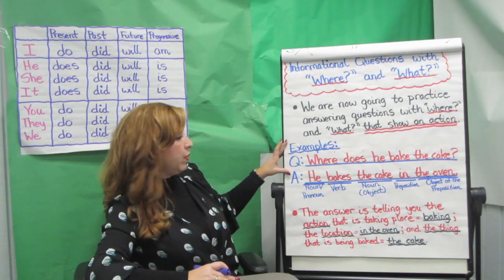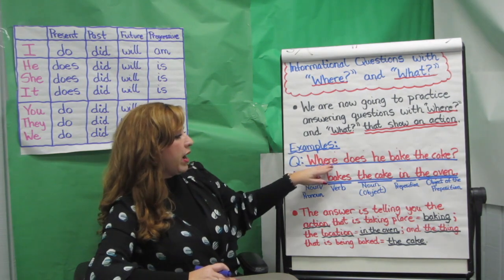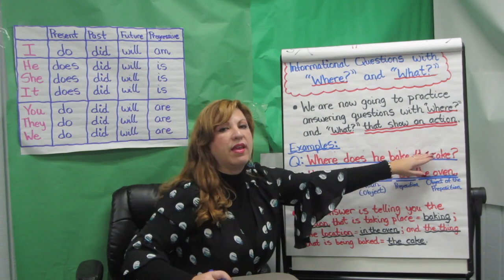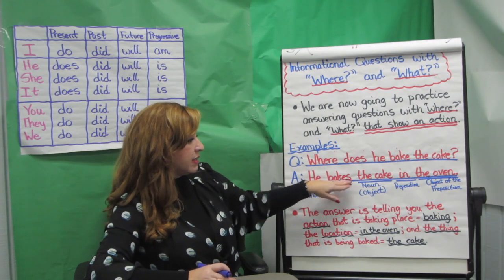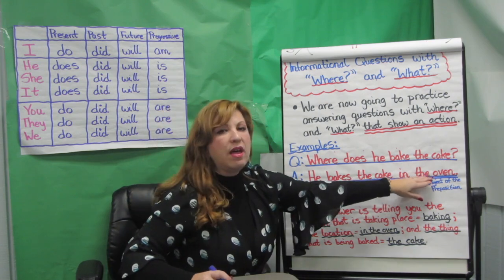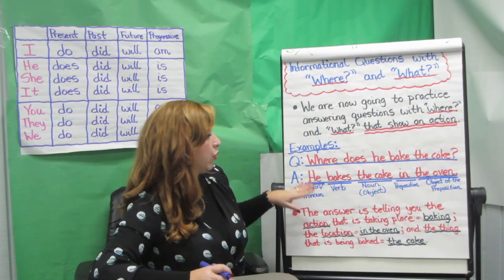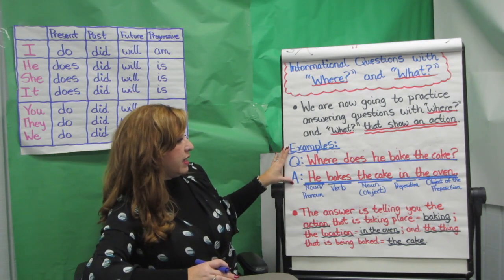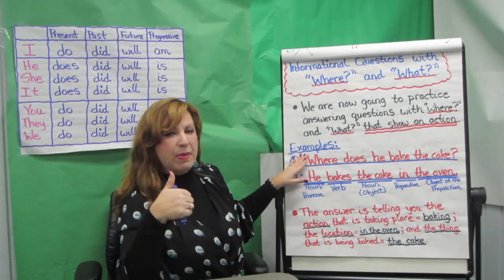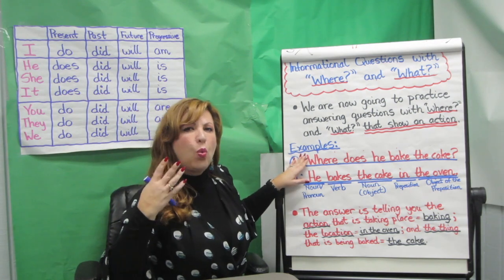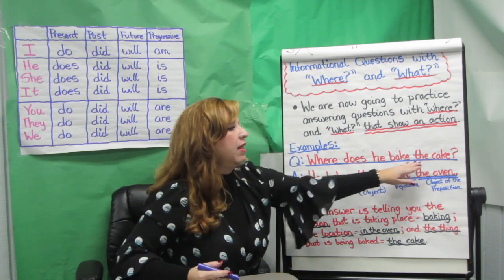So for example here, the question is, where does he bake the cake? The answer is, he bakes the cake in the oven. If we look at this, we can see that we're asking for the location of where he bakes the cake. And what is he baking? The cake.